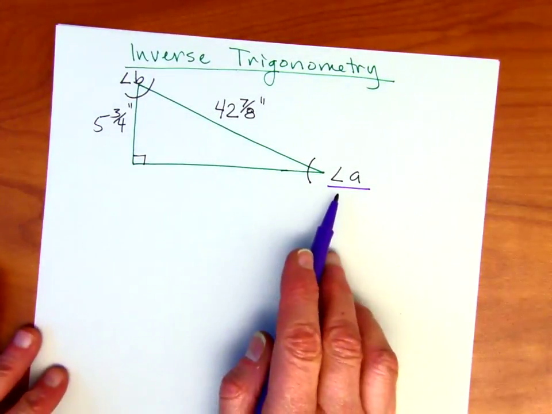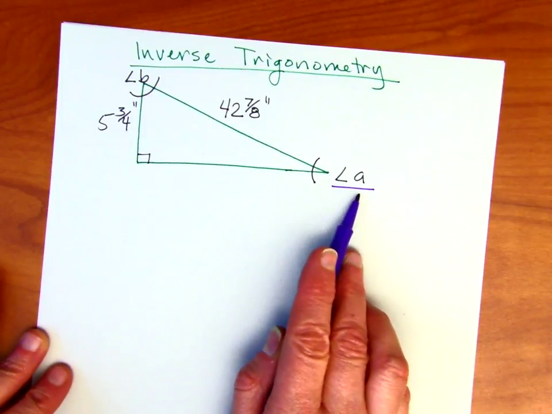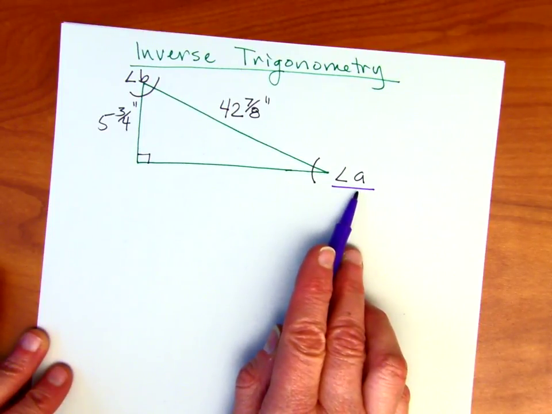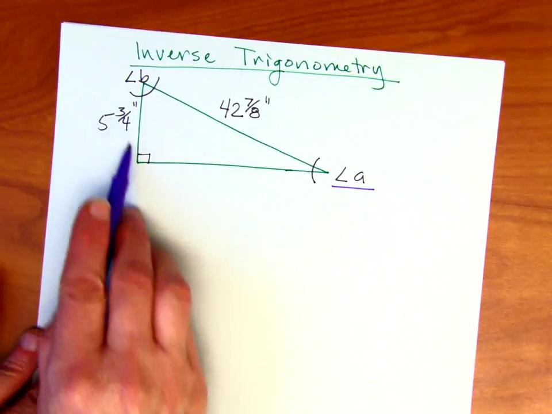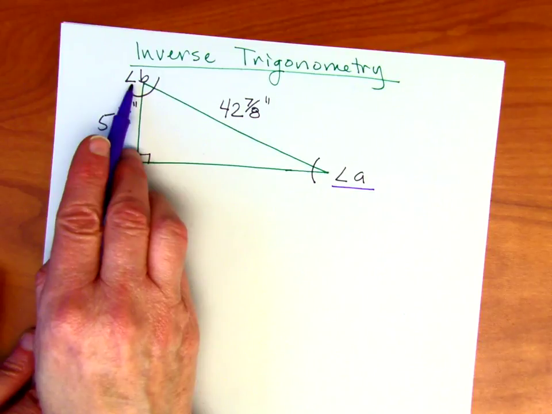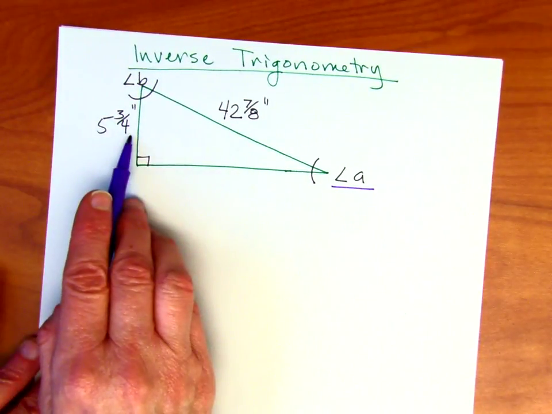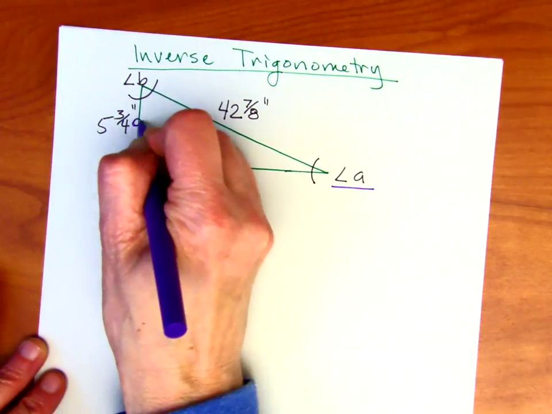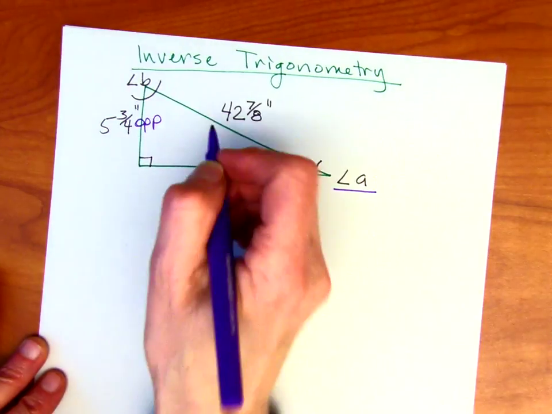Now I'm going to go ahead and reference my sides in accordance to this angle here, because it will be different, or at least this side will be labeled different if I'm referencing angle B. So according to angle A, this 5 3/4 will be the opposite side, and the 42 7/8 will be the hypotenuse.